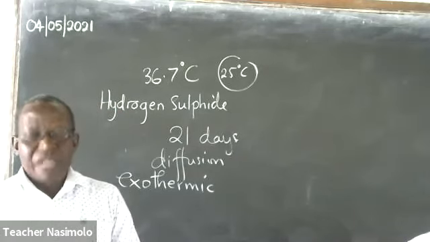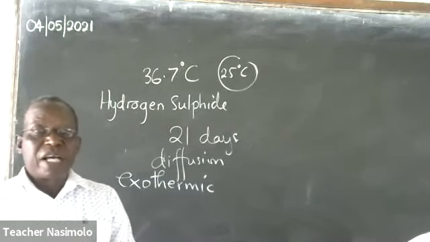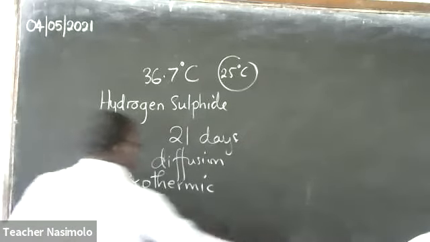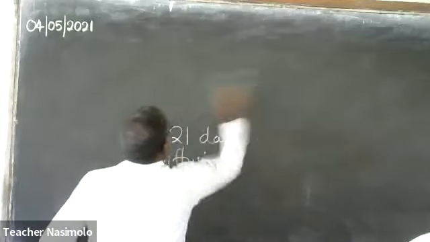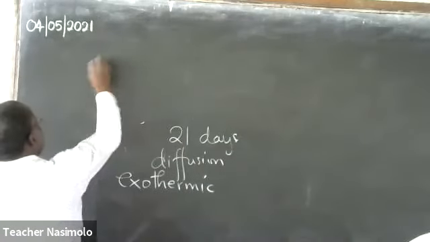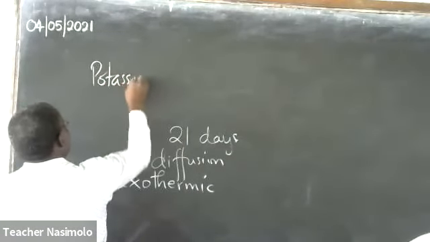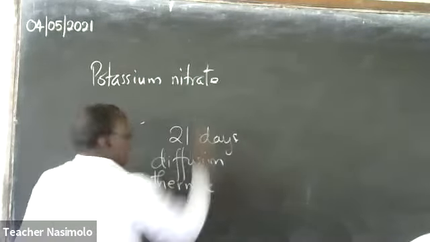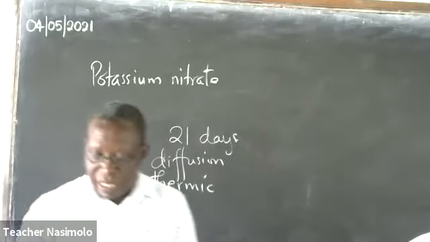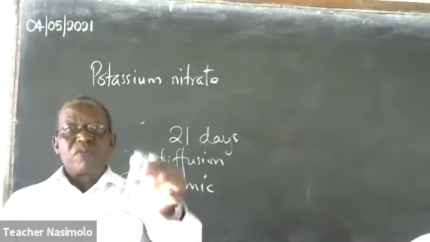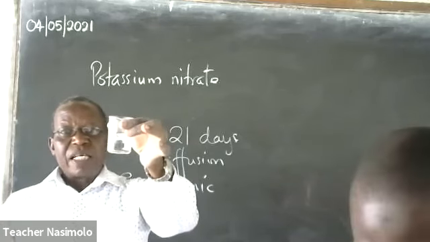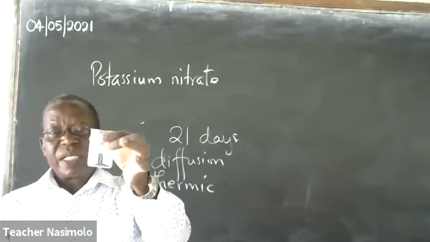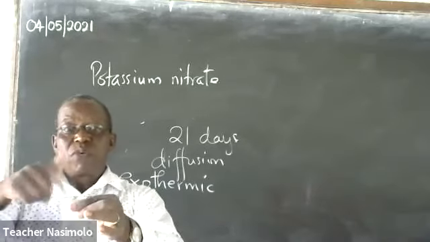However, there are also some substances. For example, if I gave you a salt like potassium nitrate, and I gave you a small amount of water in a beaker, I gave you a thermometer, and then I said, put potassium nitrate in that beaker containing water and stir.